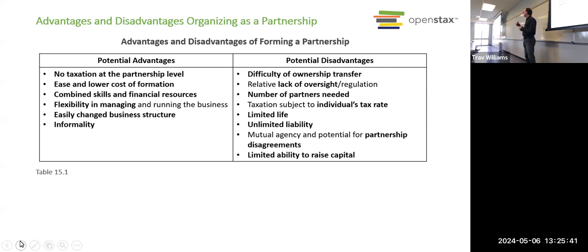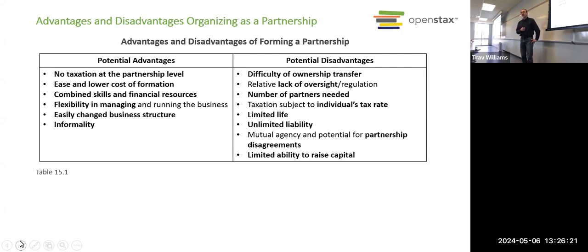The partnership cannot go on forever, because, unless medical technology makes it so that we can live forever, at some point the partners die, right? And so the partnership would then change as soon as the first partner died or left for whatever reason. Again, as general partners, you have unlimited liability for the debts and the actions of the partnership. What else? There's the high likelihood of disagreements between partners, and it's difficult to raise money, as I already mentioned.